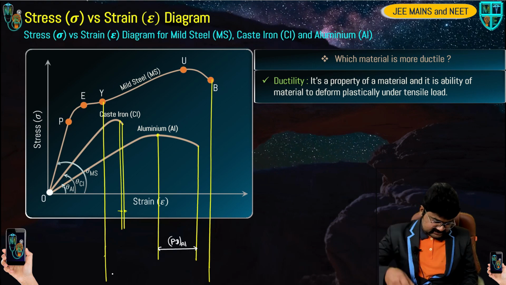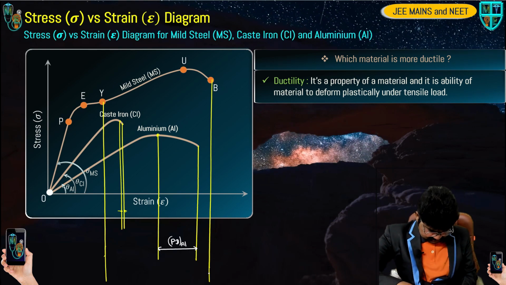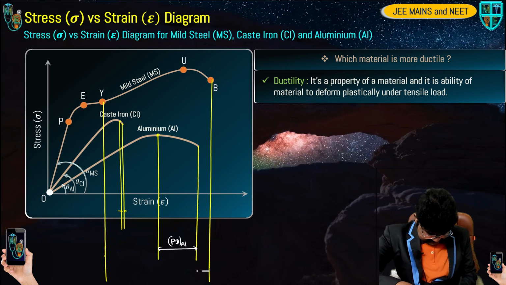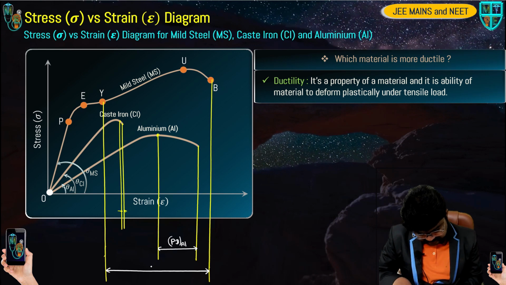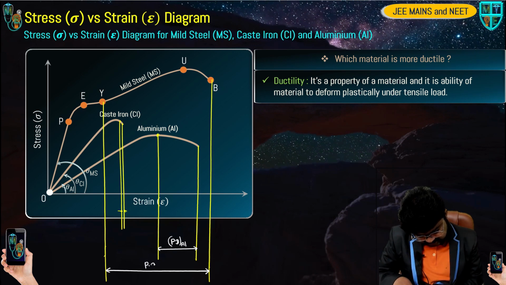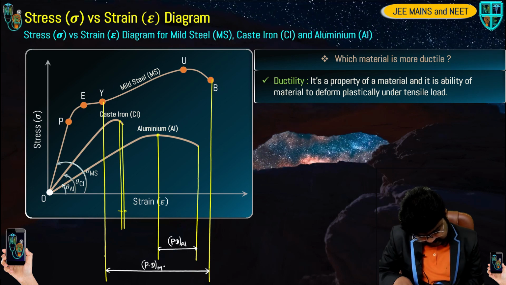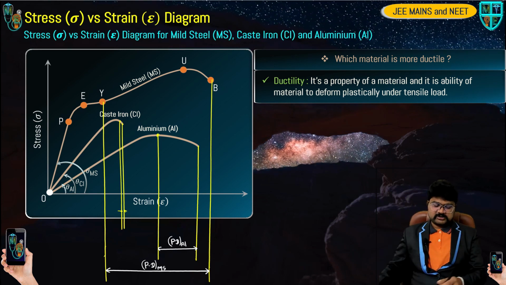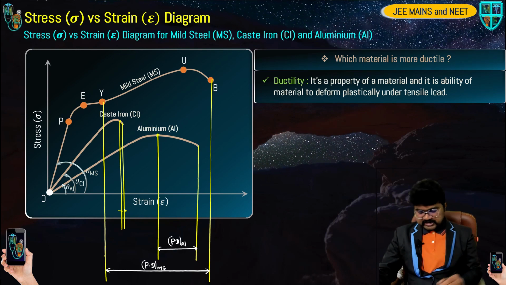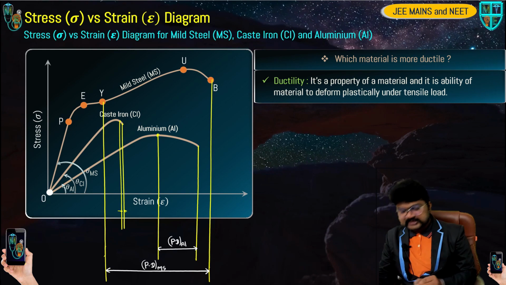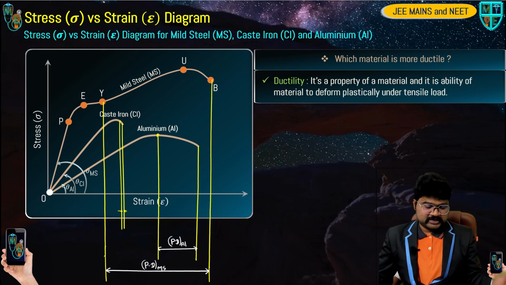This is the plastic deformation of mild steel. Cast iron is very negligible. So I can confidently say that the higher the plastic deformation, the higher the ductile property.